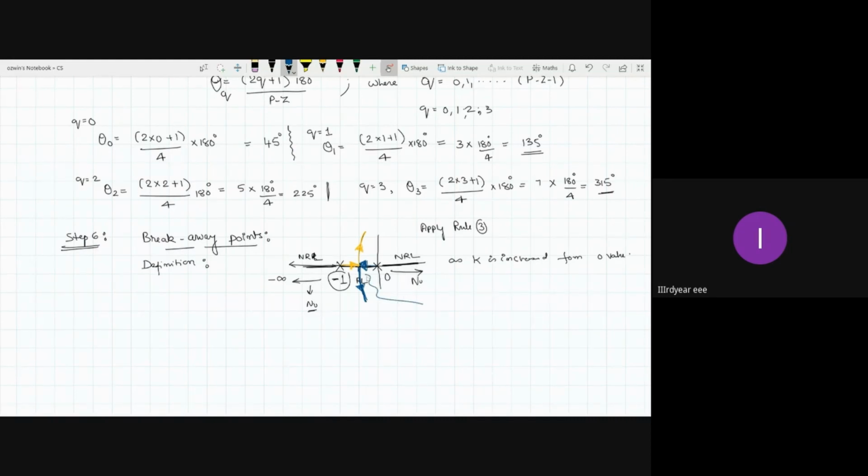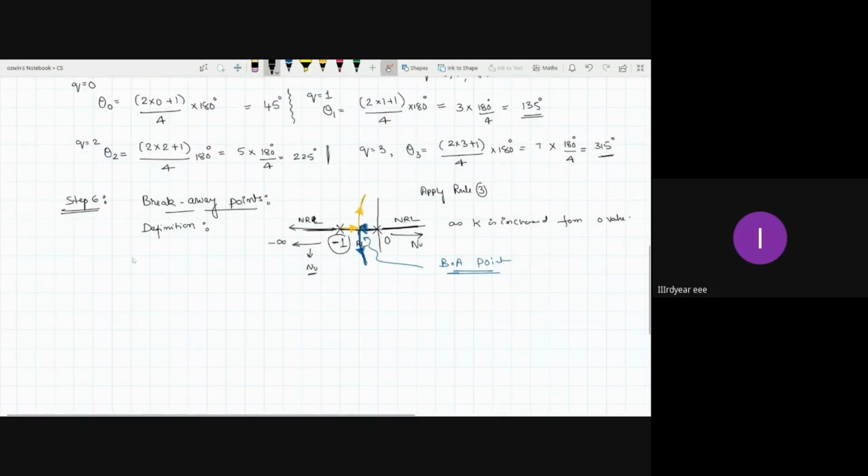This point is called the breakaway point. So let us look at the procedure to find the breakaway point. The procedure is very simple. This breakaway point itself has a few steps.